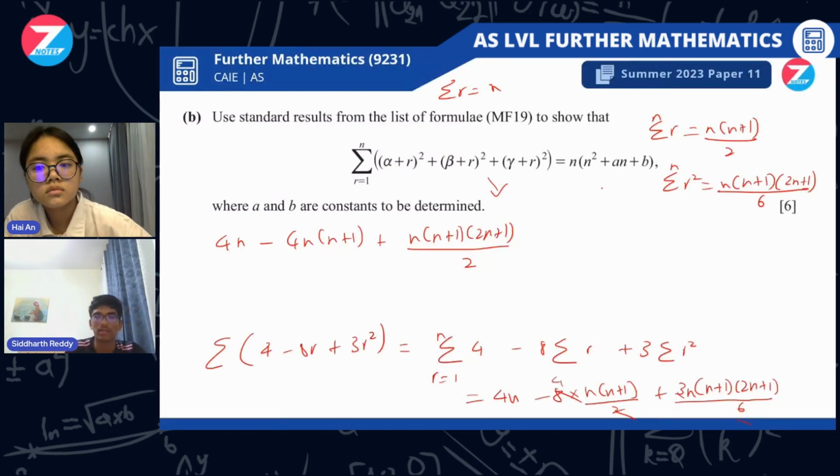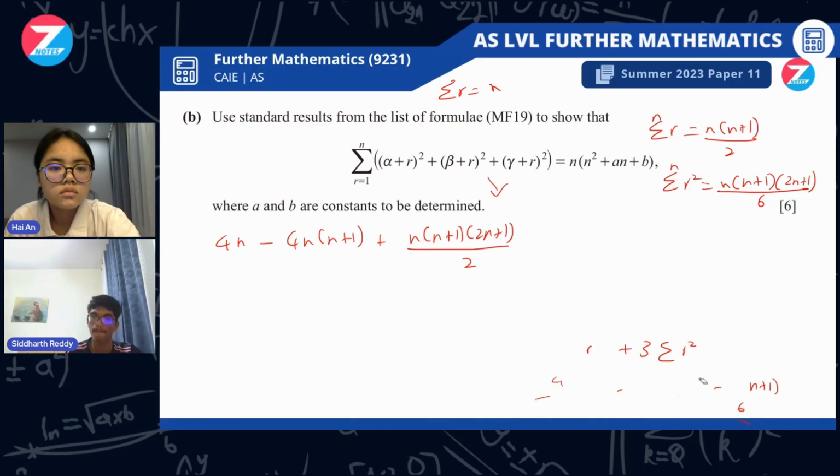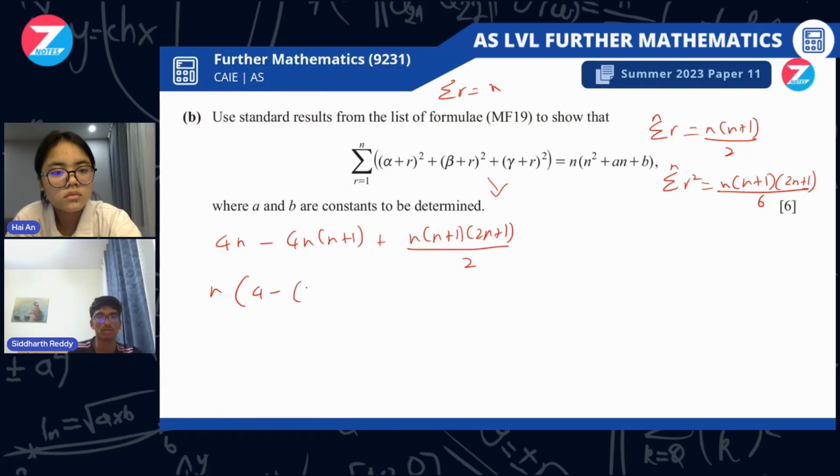So let's just factor this and get it in the form in which they asked us to get it. So we can factor out the n. So we have 4 minus 4 into n plus 1 plus n plus 1 into 2n plus 1 by 2.